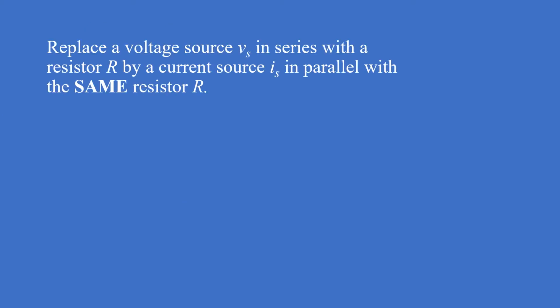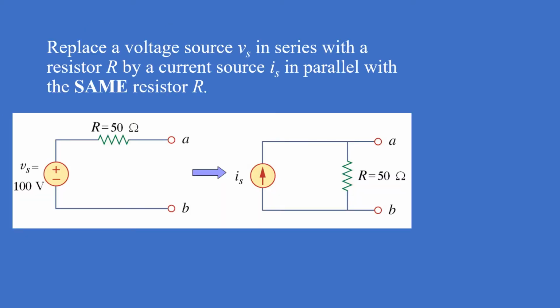Now I have considered one example here. You can see the practical voltage source is given, whose voltage value is 100 volts, and the value of resistance is 50 ohms, and I have to convert that into a current source. So how will we calculate the value of the current source? By using simple Ohm's law.